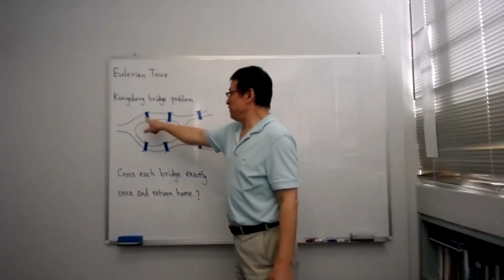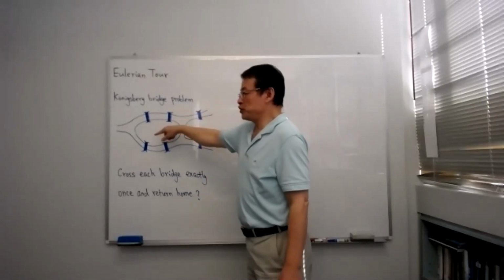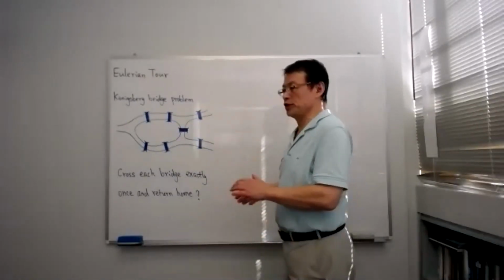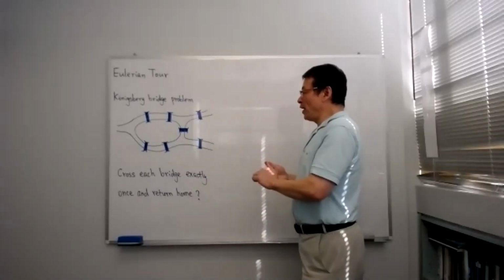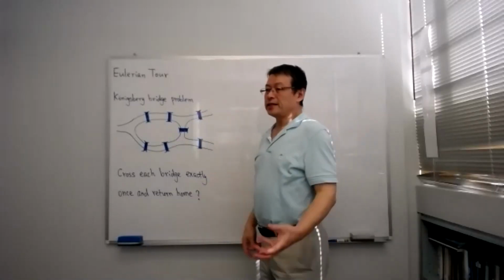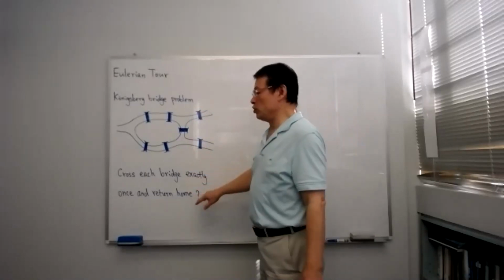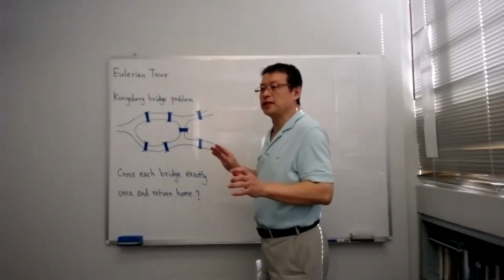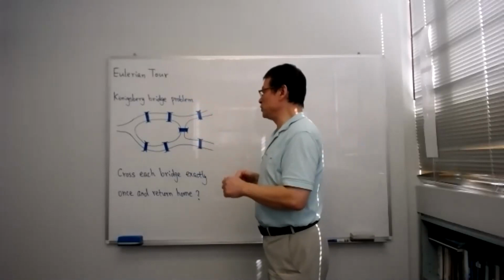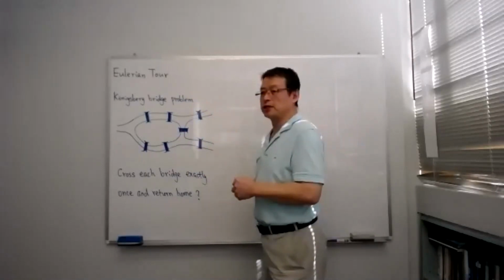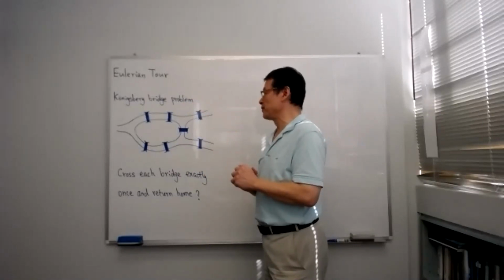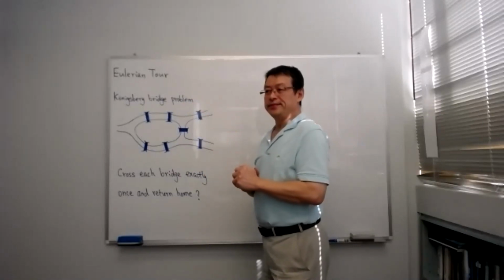We have a river and seven bridges, and this island, or maybe inland, whatever. The question is, is it possible, starting from anywhere, actually from your home? The location does not matter. You start from your home, you want to cross each bridge exactly once and return to your home. Is it possible?